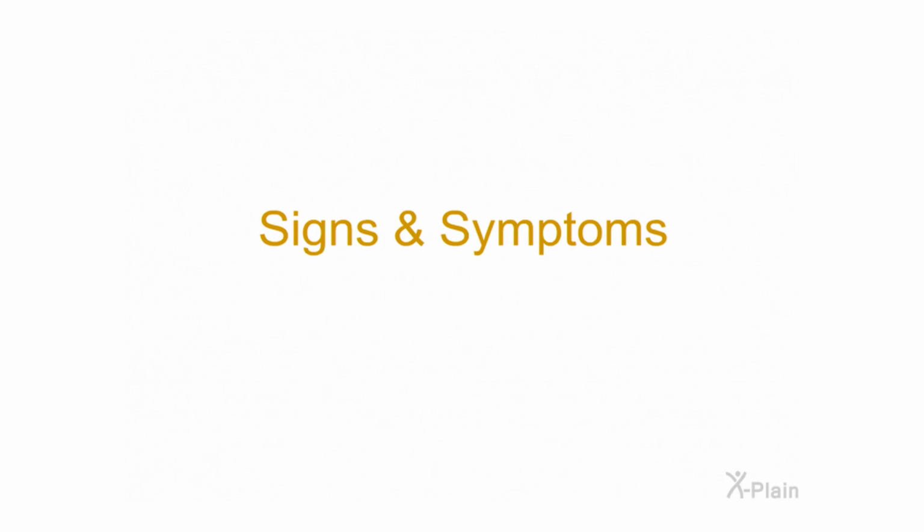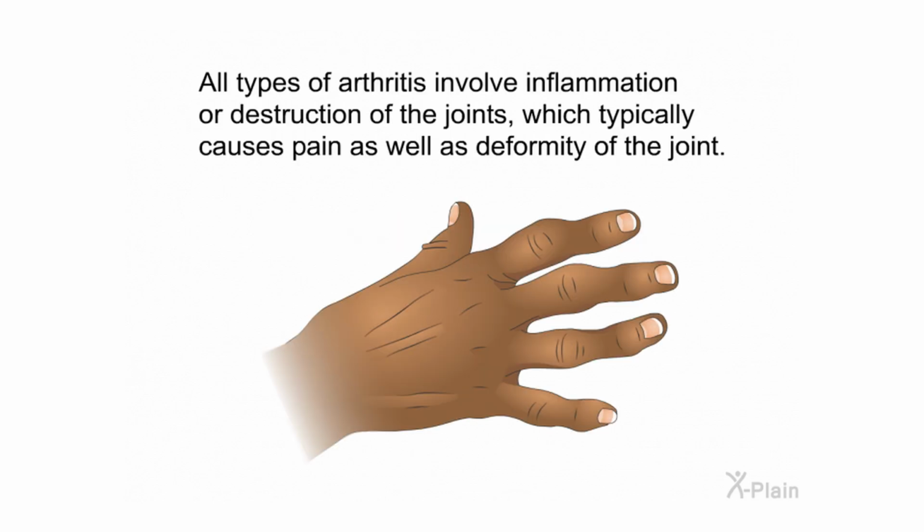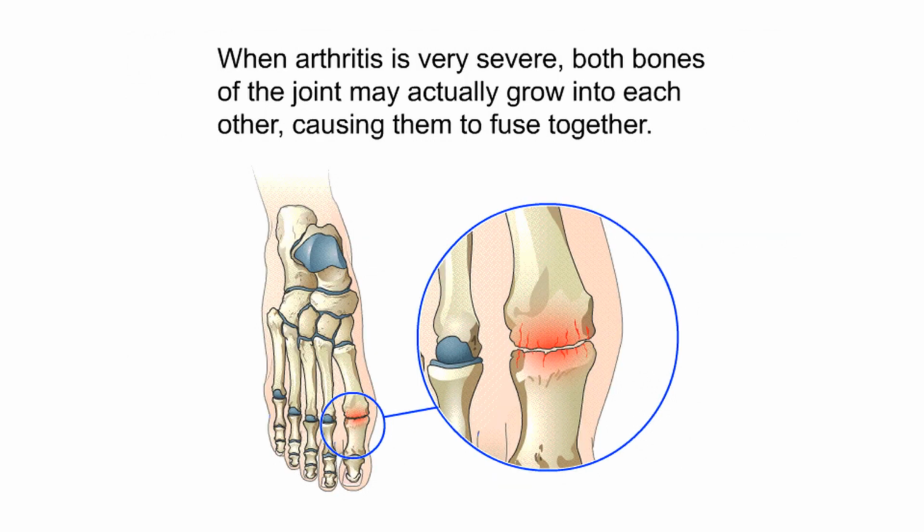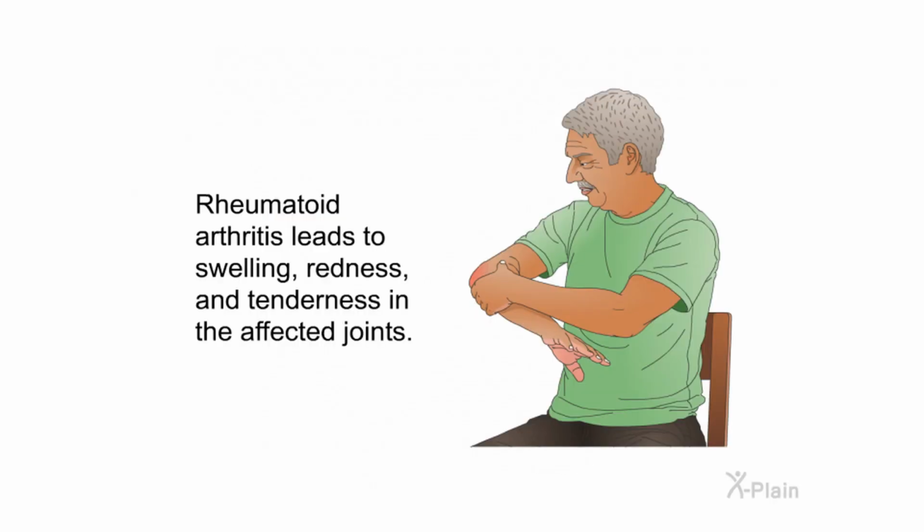Signs and symptoms. All types of arthritis involve inflammation or destruction of the joints, which typically causes pain as well as deformity of the joint. When arthritis is very severe, both bones of the joint may actually grow into each other, causing them to fuse together. Rheumatoid arthritis leads to swelling, redness, and tenderness in the affected joints.